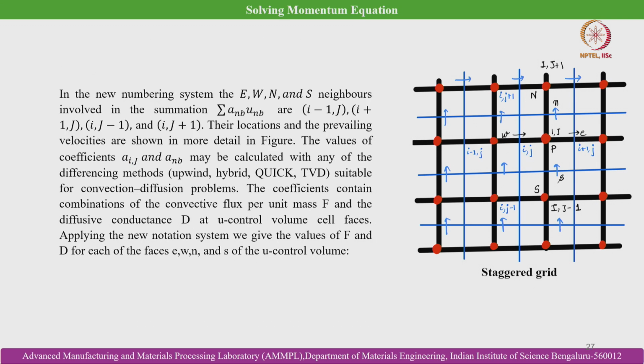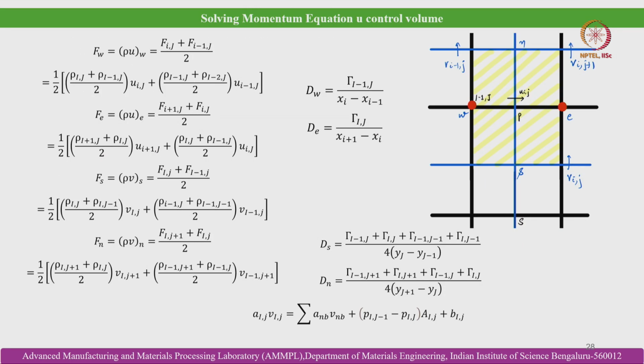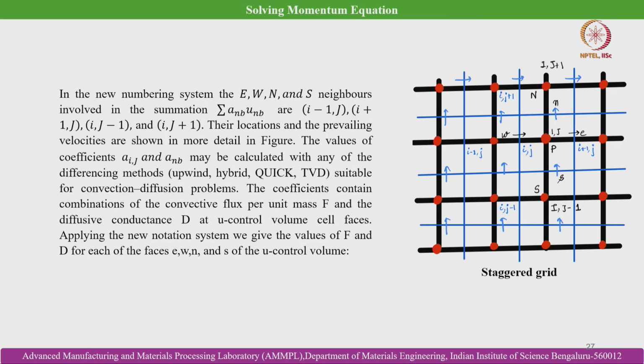In the new numbering system, the E, W, N and S neighbours involved in the summation a_nb u_nb are I-1,J, I+1,J, I,J-1 and I,J+1. Their locations and the prevailing velocities are shown in more detail in this figure.